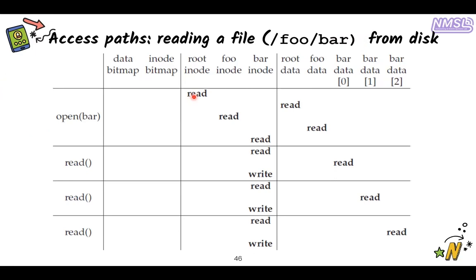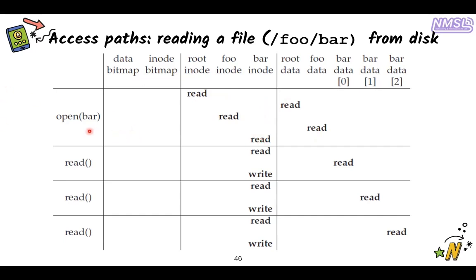So you go there, you read it, then you read the data to find out that you need to go to directory foo, right? So then you go to the foo inode. You get the foo inode, then you access the data to go into the bar inode.